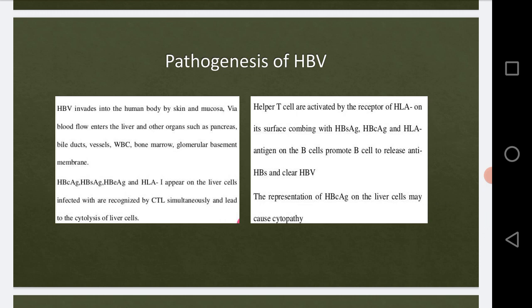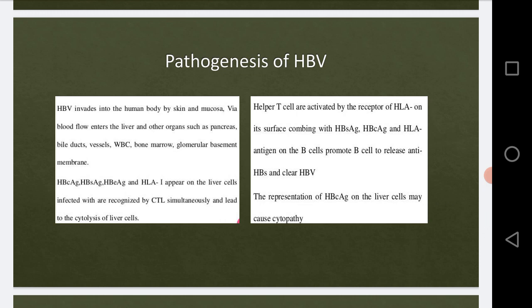Then the virus will enter via the skin, the blood, the mucosa. These are the sources of the transmission. And which is the site of the infection? It is the liver. The site of transmission can be the blood, skin, mucosa, and the site of infection will be the liver.